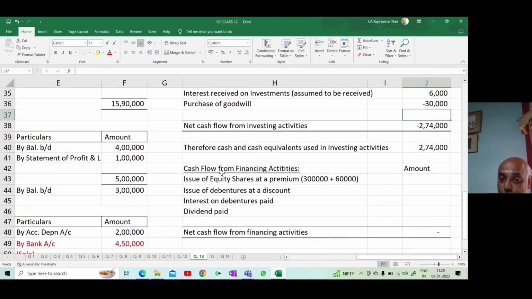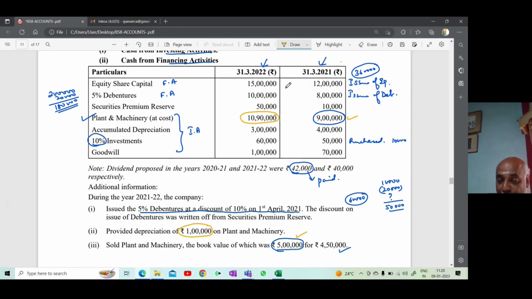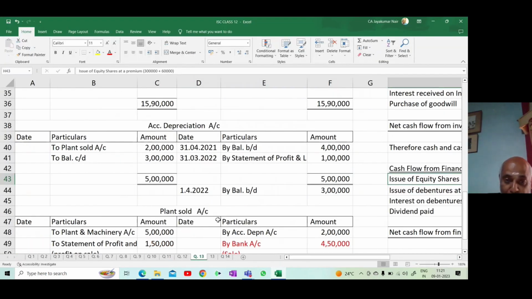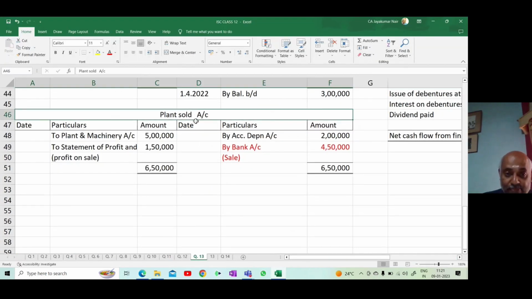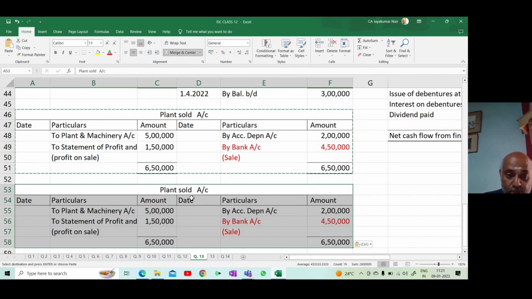Okay, moving on to cash flow from financing activities. So we know shares have been issued at rupees 3 lakhs, and you know the shares have been issued at a premium. How do you know it is issued at a premium? Because the securities premium reserve has gone up. If you want, we can also open the securities premium reserve account. I'll open it here.